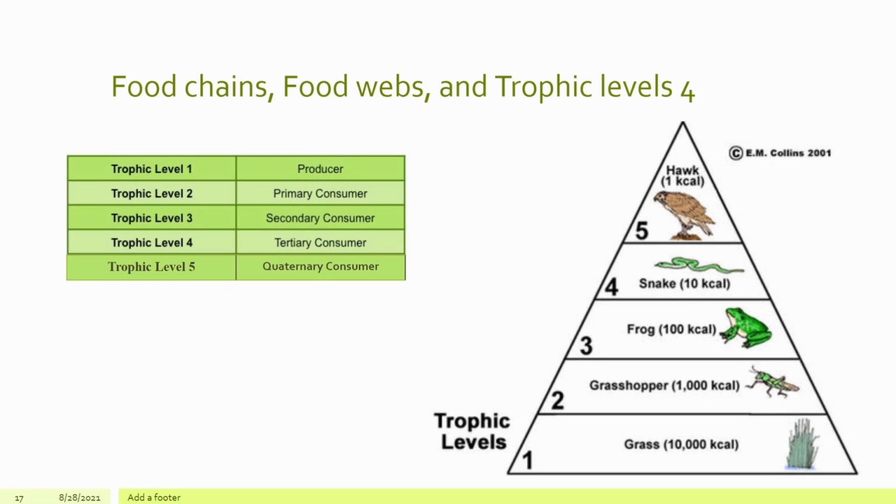So if grass can create 10,000 kilocalories of energy by using sunlight, when the grasshopper eats the grass, it actually only gets about 1,000 kilocalories of that, so about 10%. And then when the frog eats the grasshopper, it only gets 100 kilocalories from that. The snake only 10, and the hawk only 1 kilocalorie.